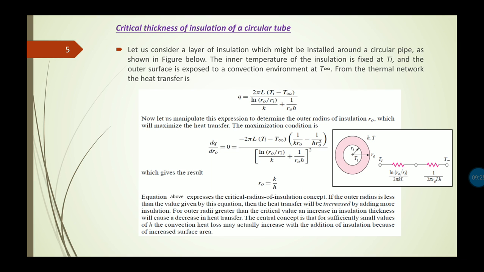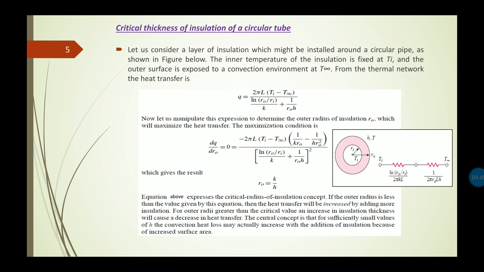From our earlier concept we can write Q, the heat transfer in the case of the circular tube, as 2 pi L (Ti minus T infinity) divided by [ln(Ro/Ri) divided by k, plus 1 by Ro h]. So these are the thermal resistances here.